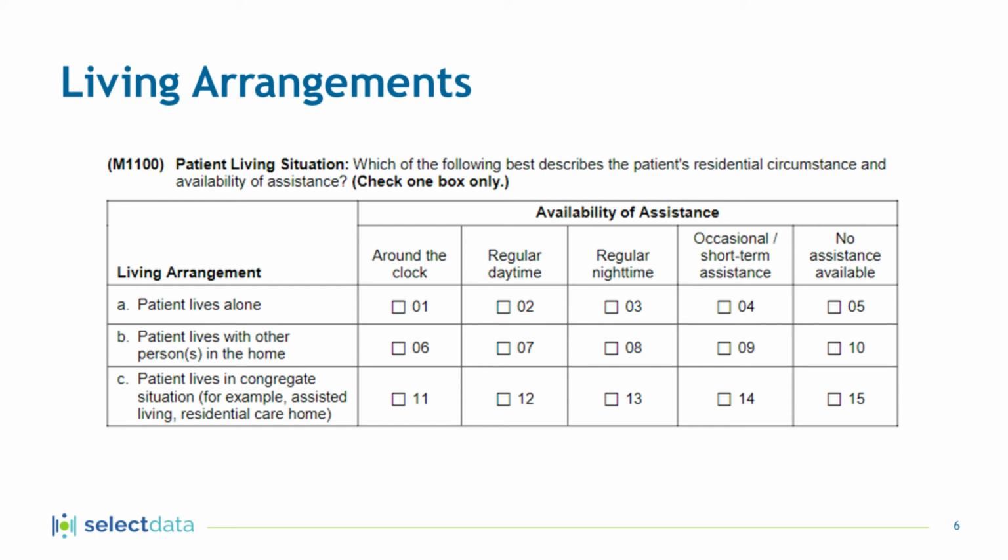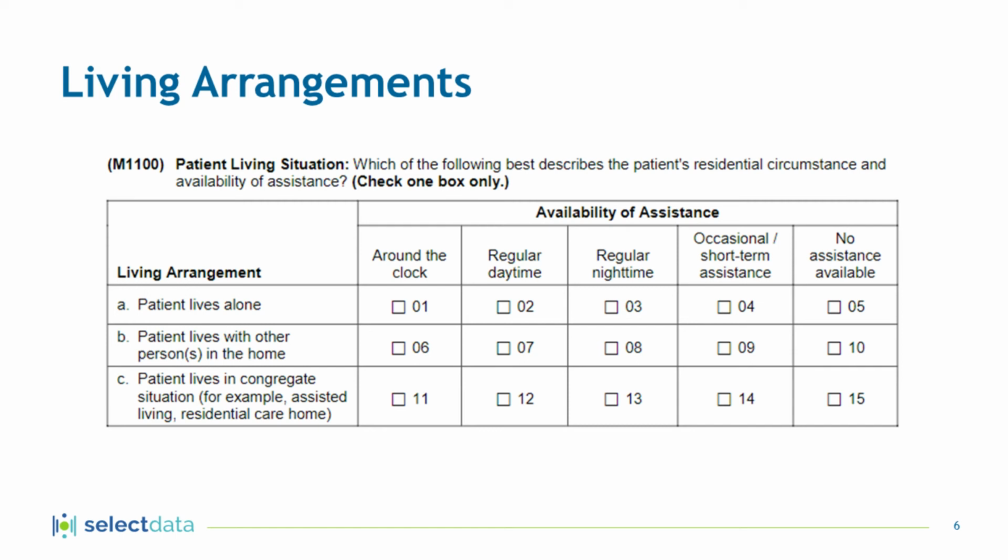A patient who normally lives alone but temporarily has a caregiver staying in the home to provide assistance is still considered living alone. A patient who lives alone but can obtain emergency help by phone or lifeline is still considered living alone. Select a response from row B if the patient lives with others in an independent, non-assisted setting.